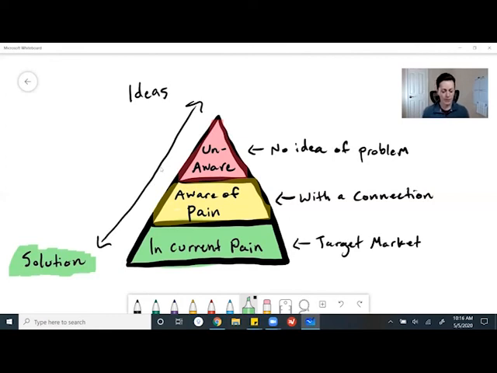And you can do the exact same thing. It doesn't matter what industry your app is for or who your target market is. This can span all industries, all markets.